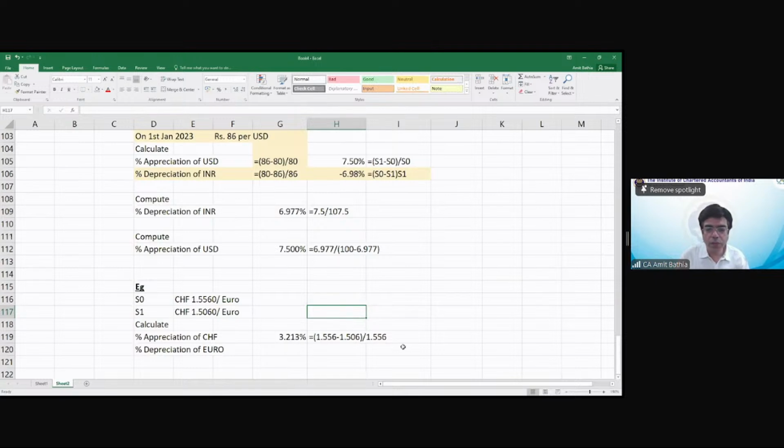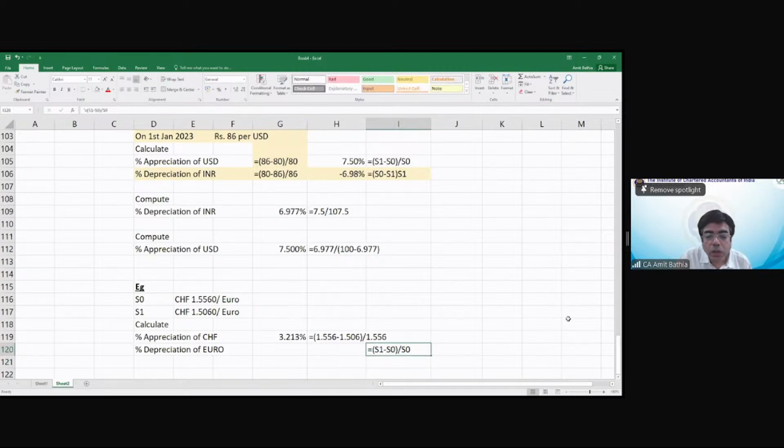Percentage change in euro. One minute here. So what is going to be my formula over here? It is going to be S1 minus S0, upon which value? S0. Am I right?